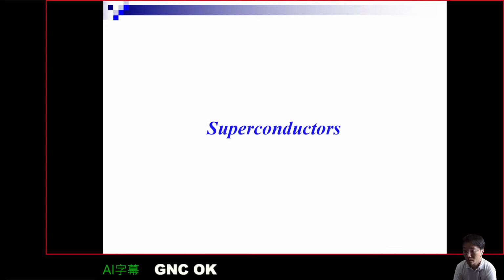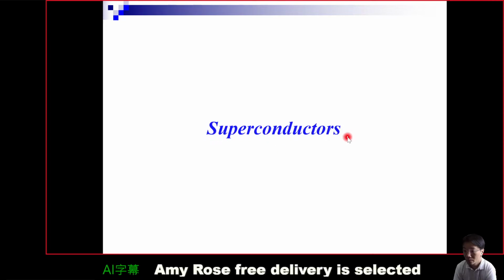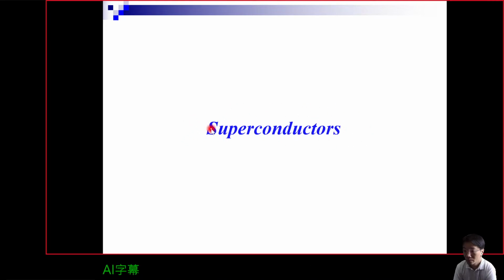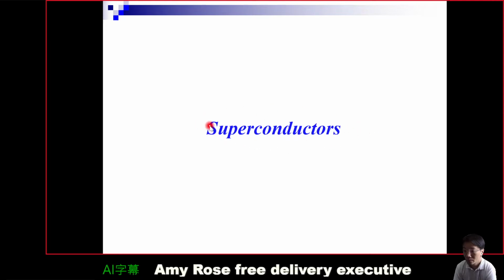Okay, there are other magnetic materials that are very important, which are the superconductors. Superconductors are also very important for normal materials, because people are still looking for a kind of conductor without any energy loss when we deliver electricity. But nowadays the discovery of superconductors is still in progress, and we still have not found a room temperature superconductor.